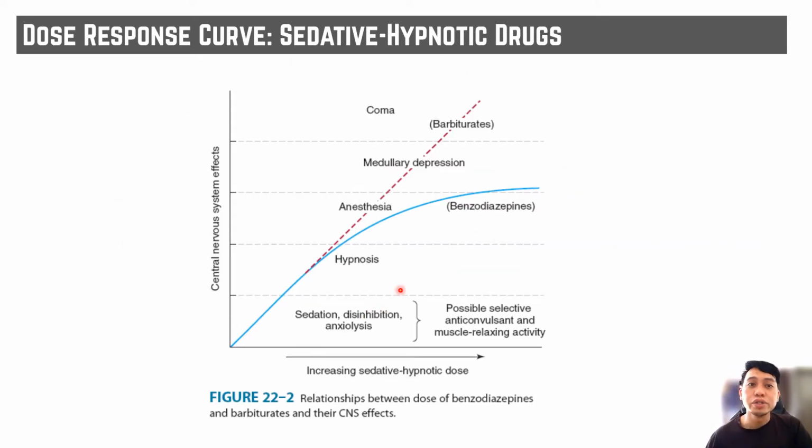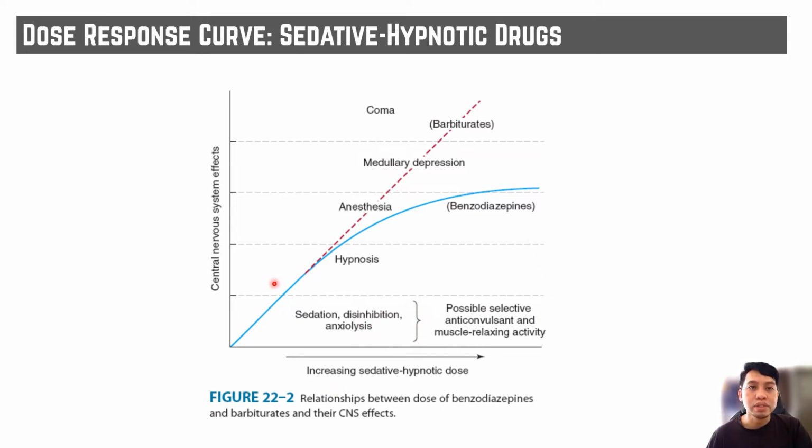Here is the dose response curve for all the sedative hypnotic medications in one graph. This graph shows the dose-dependent effect of sedative hypnotic drugs on the central nervous system. On the x-axis is the increasing sedative hypnotic dose, and on the y-axis are the various stages of central nervous system depression.